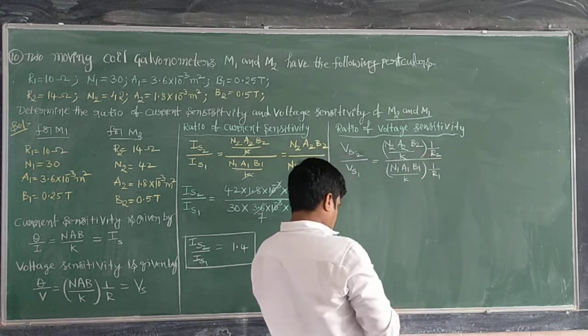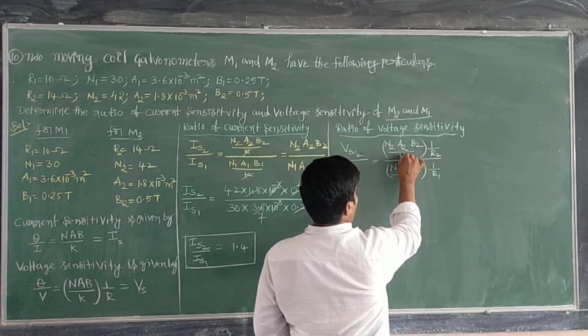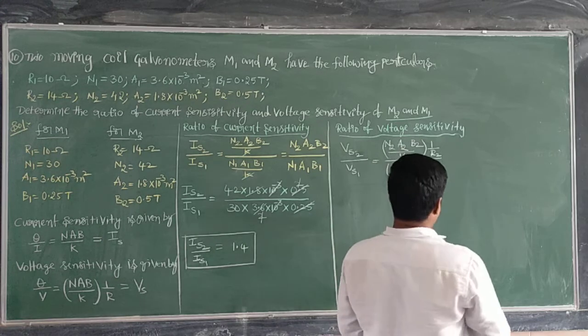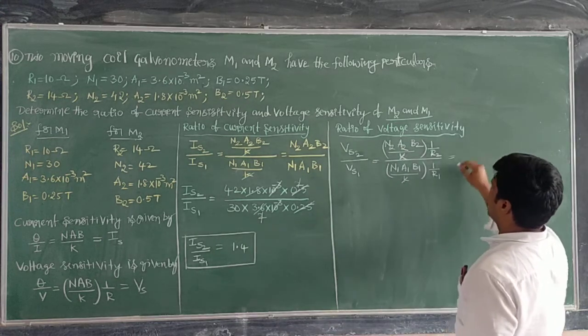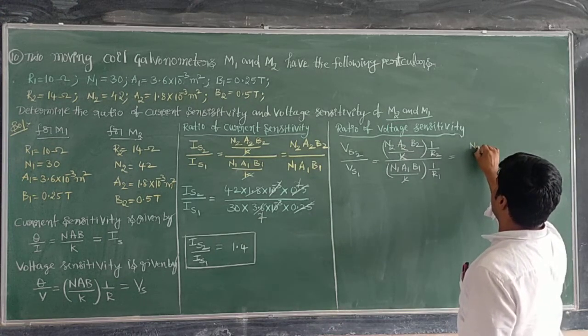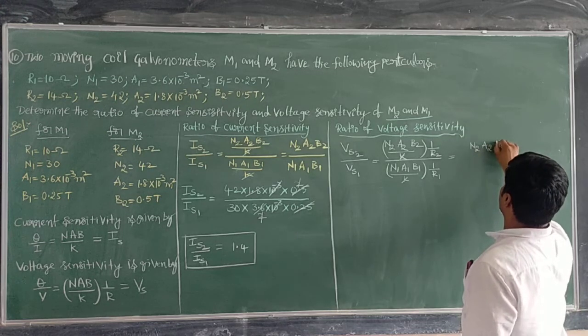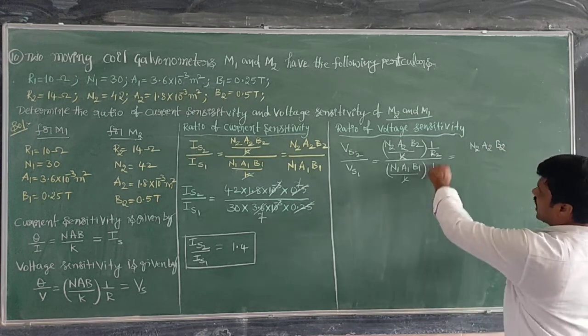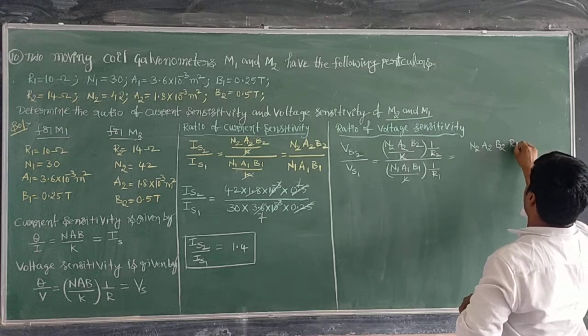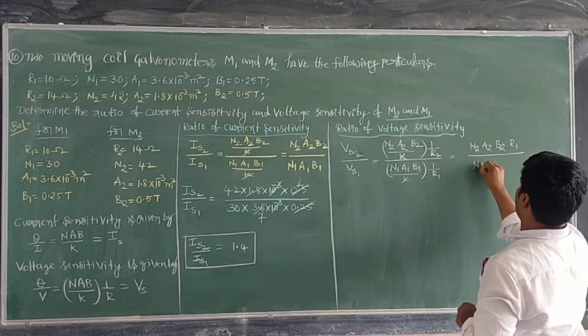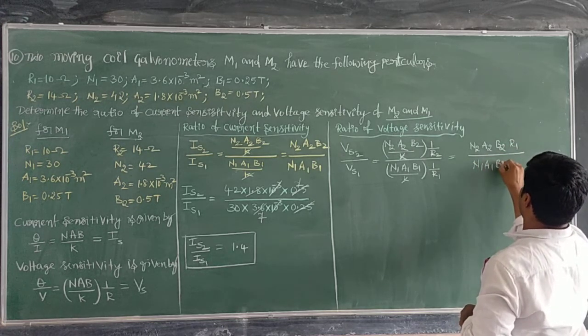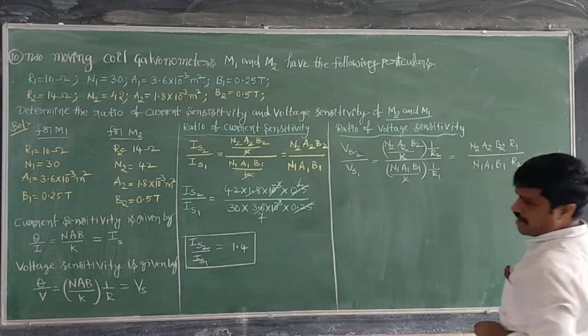K cancels. The remaining is N2, A2, B2, with R1 coming up, divided by N1, A1, B1 into R2.